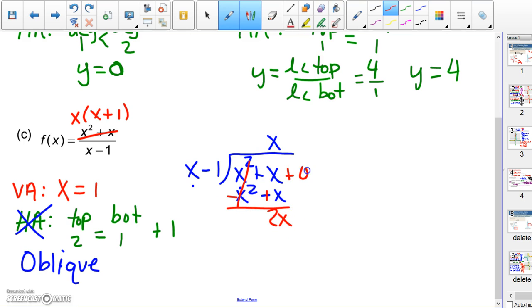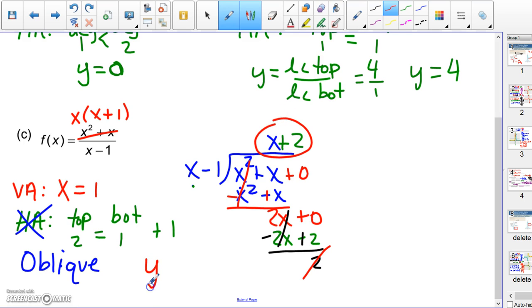You'd have to remember that it's a 0, and we bring down this 0. And we start over. We divide 2x by x, and we get plus 2. Multiply 2 times x minus 1, that's 2x minus 2. When we subtract, we change signs and get a 2. Well, I don't really care about the remainder. All I care about is this part. There's going to be an oblique asymptote at y equals x plus 2.